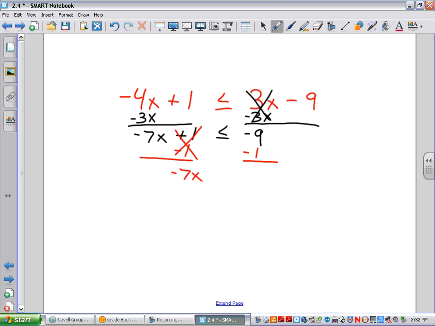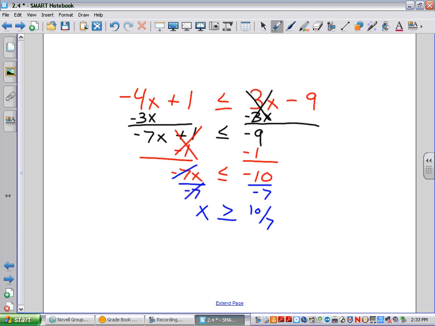I get negative 7x is less than or equal to negative 10. Last step, divide by negative 7. Mark out my negative 7's and switch the sign again because I divide by a negative. Two negatives make a positive, so that's like a positive 10/7. And it's always best for this ECA test to leave your answer as an improper fraction.